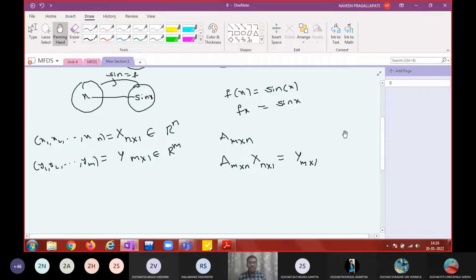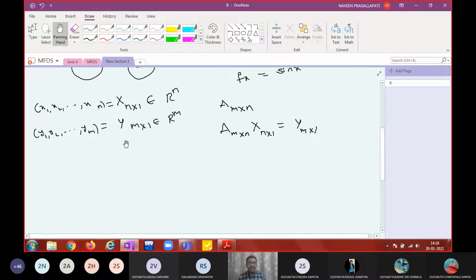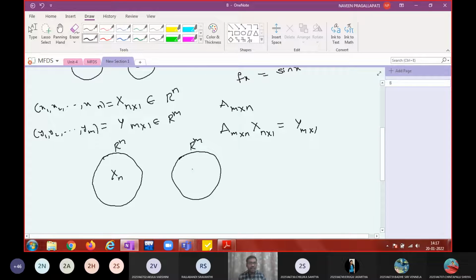So you can see this matrix as a transformation, or a function, from R power n to R power m. You have x in R power n, you have y in R power m, and these two are related by the matrix A.